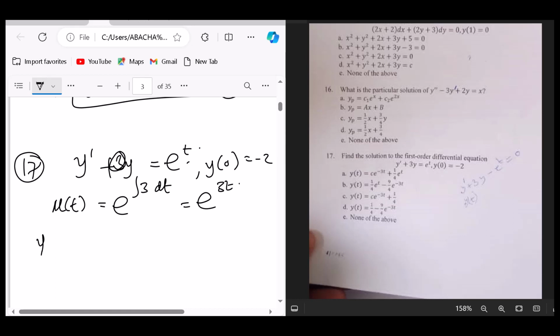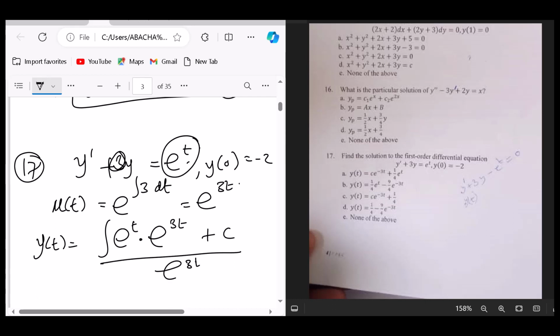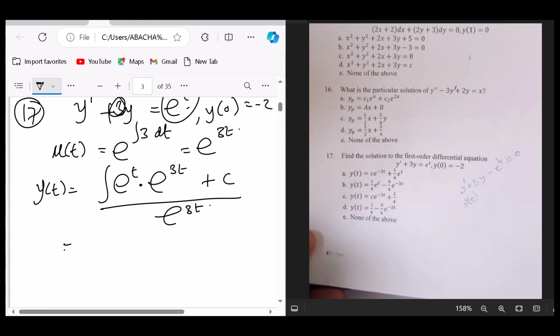So my y of t will be equal to integrating, this is my q of t, so e power t times e power 3t plus c, all over e power 3t. So doing this, I get the integral of e power 4t plus c all over e power 3t.